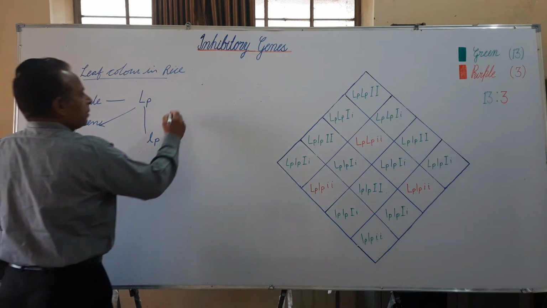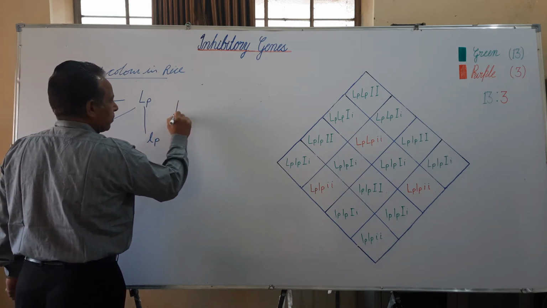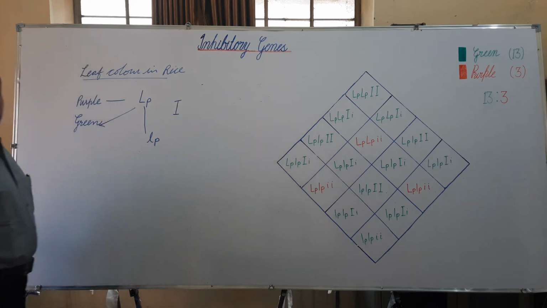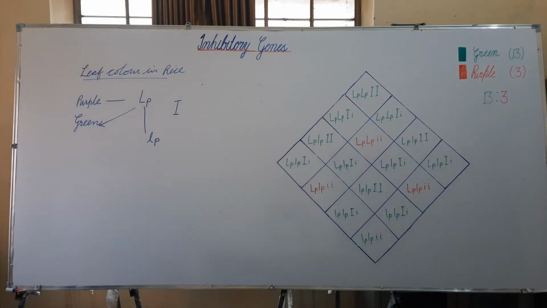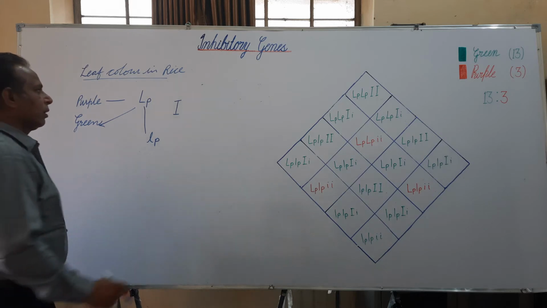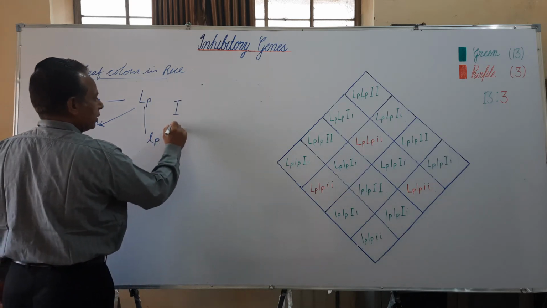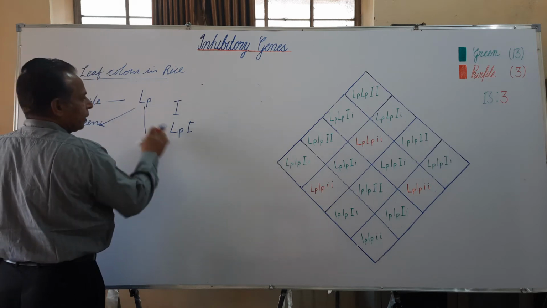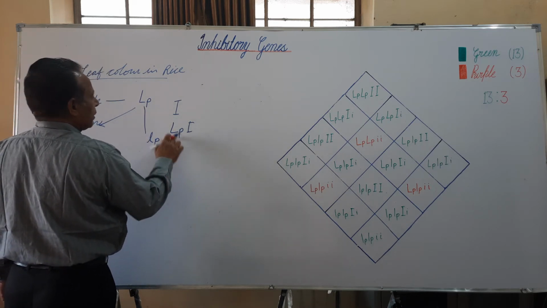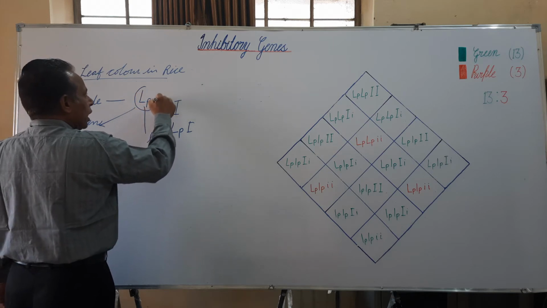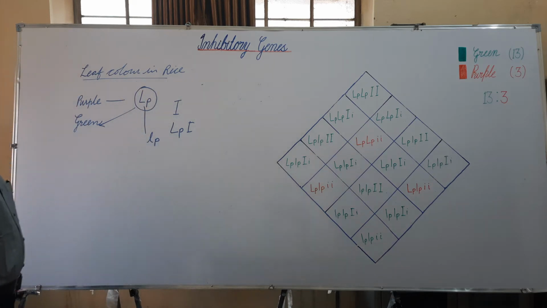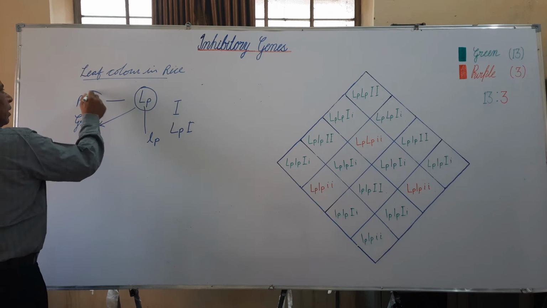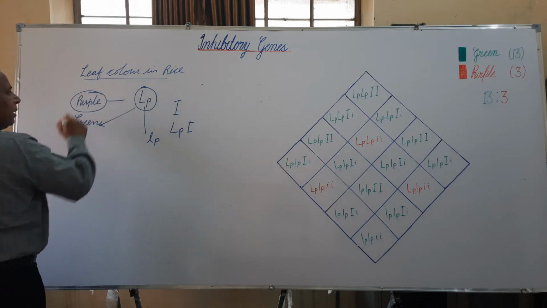And another gene, I, which has not its own effect when present alone, but when it present with capital LP gene, it inhibits the effect of the LP genes, means it inhibits the purple color of the leaf.